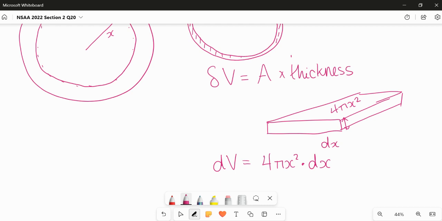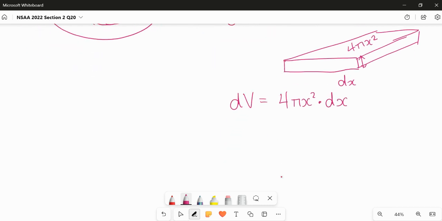So how do we get the total mass in that small section? Well, we know the infinitesimal bit of mass in here will be the density at that radius, x, times the volume of that section, which we just derived is 4 pi x squared dx.